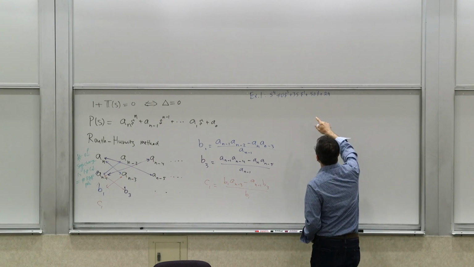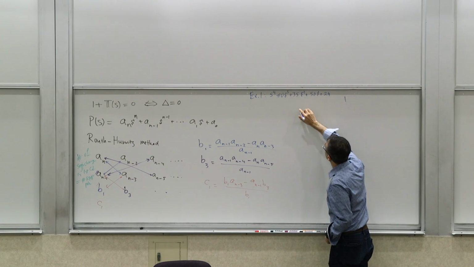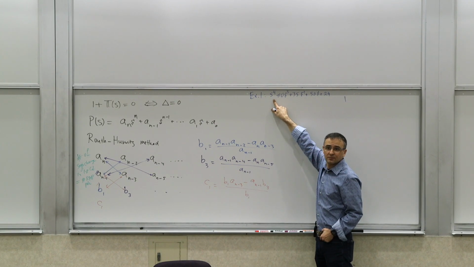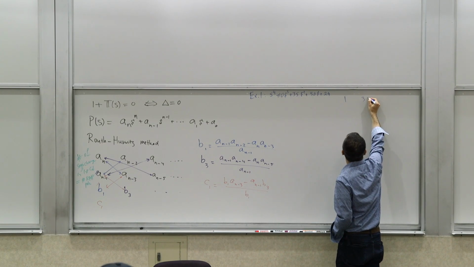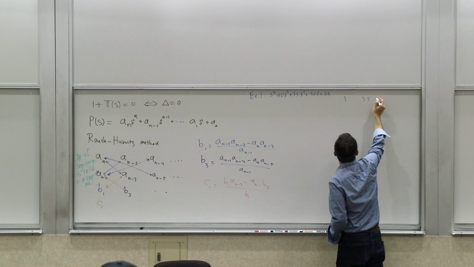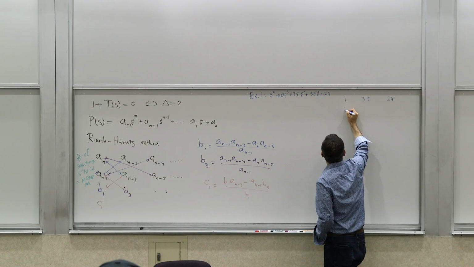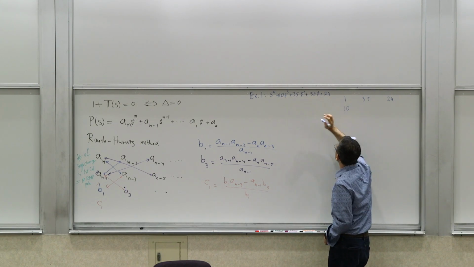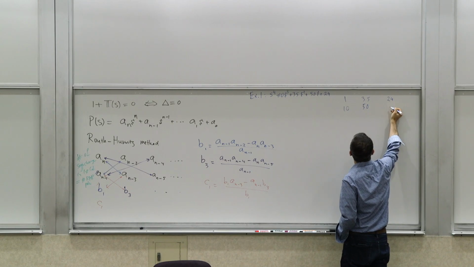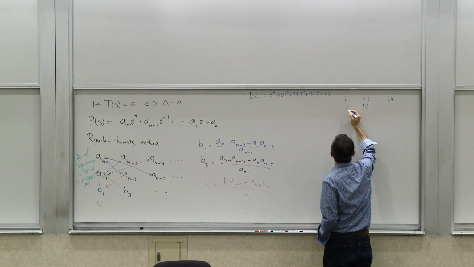We start from the highest order term, so we get 1 here. Then the next one over is 35. The next one over is 24. Then we start the next row with the remaining ones, 10 and 50. If you leave it open, it basically means it's 0. You can write it 0 explicitly or not.